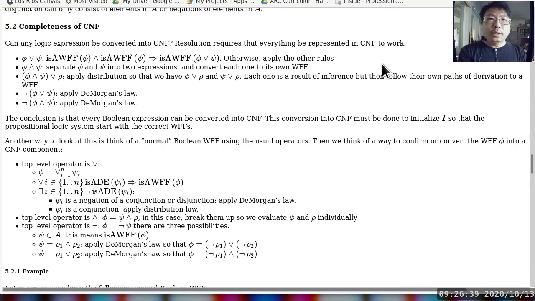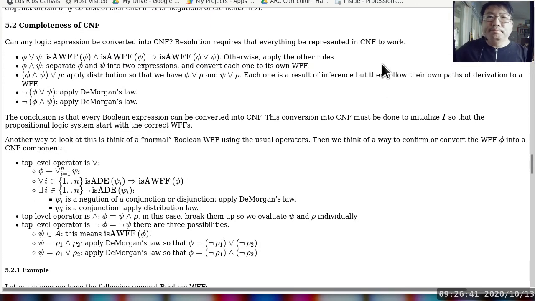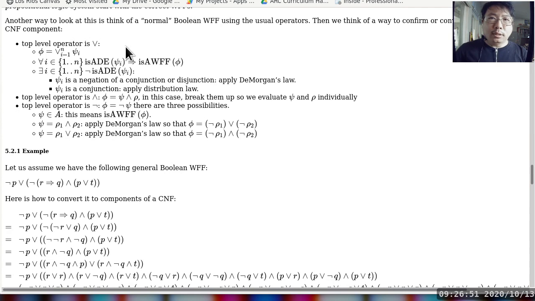All right, so now we go back to how do we convert something into CNF? There are certain guidelines here, so let's go through them.